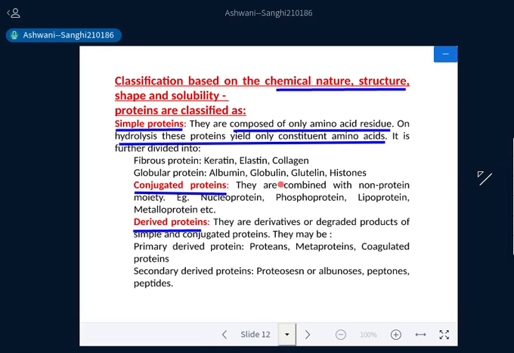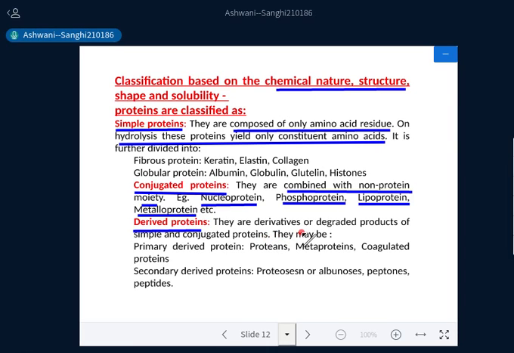Second, conjugate proteins. Conjugate means they are combined with a non-protein part: nucleoprotein, nucleic acid plus protein; phosphoprotein, phosphoric acid plus protein; lipoprotein, lipid plus protein; metalloprotein, metal plus protein.